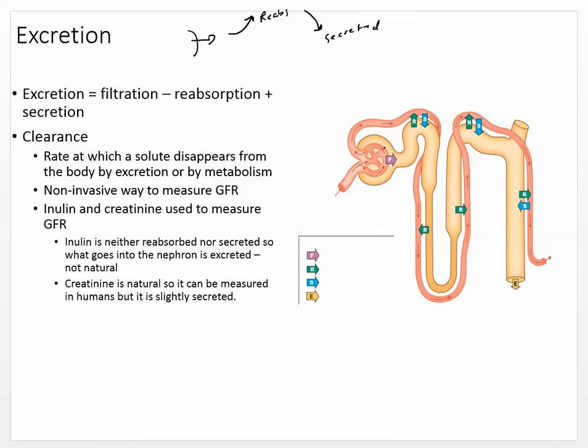Okay, whatever makes it out of the collecting duct, this part is the collecting duct, okay, whatever makes it out of there is excreted, and that's urine. Okay, so excretion equals filtration minus reabsorption plus secretion, and we call this clearance. So when we have a toxin, or usually when we talk about this, honestly, we're talking about drugs, clearance of drugs.